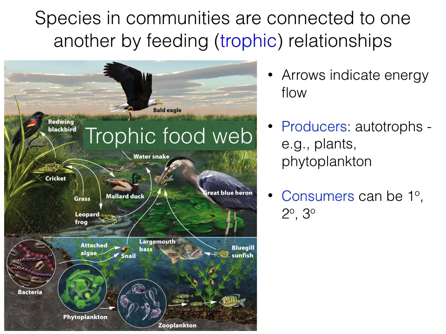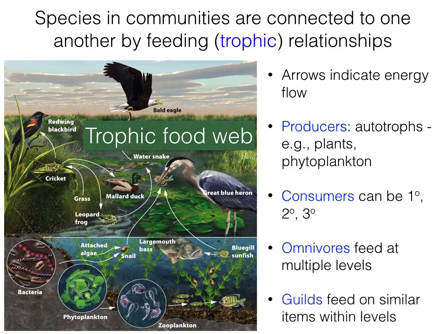Top predators are referred to as such because there are no trophic levels above that predator that consume it as prey. Omnivores are also present in trophic food webs, and omnivores are organisms that feed at multiple different levels. And lastly, guilds are functional groups that feed on similar items within levels.